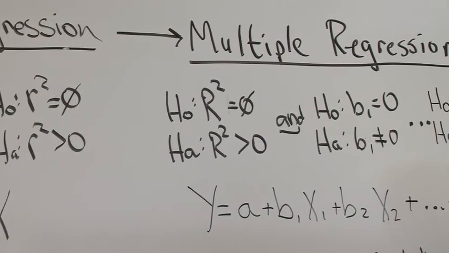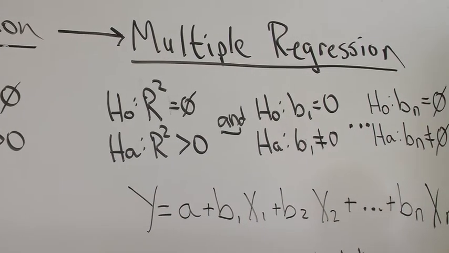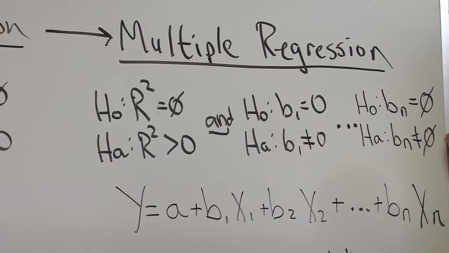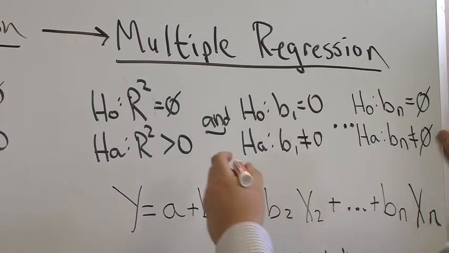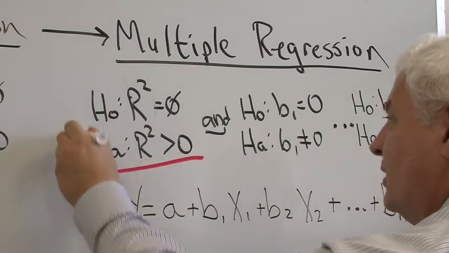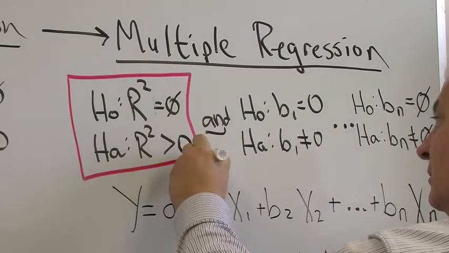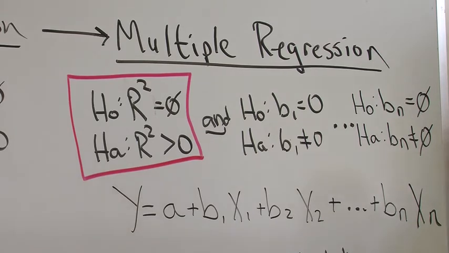In multiple regression, we've actually got two levels of hypothesis testing to do. The first thing that we do is we ask the question, does the regression model help predict the dependent variable?